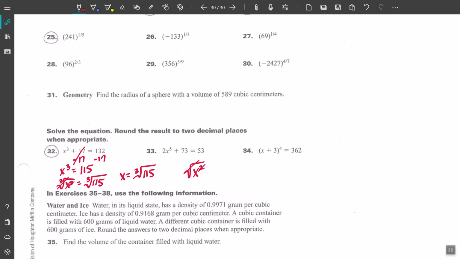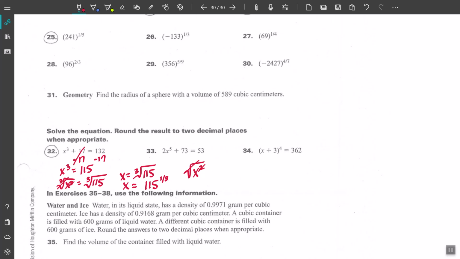So now, as long as we remember how to turn that radical notation into exponent notation, we can plug this into the calculator. So in order to do that, I'm going to rewrite the base, 115. This whole radical notation is being raised to the first power. All right, it's not written in, but it's raised to the first power. That becomes my numerator in my exponent, and then the 3 from the cubed root becomes my denominator.